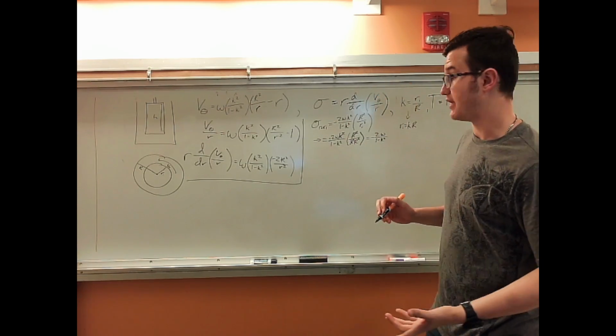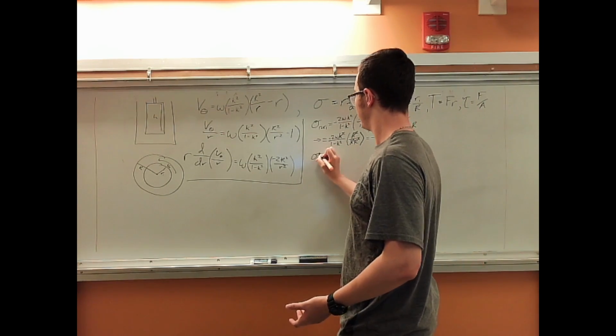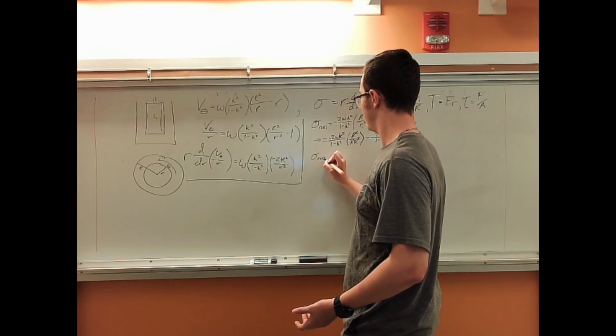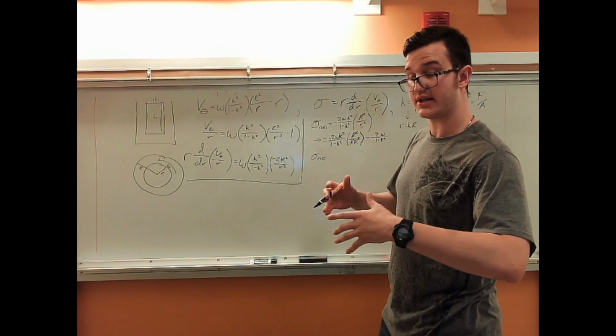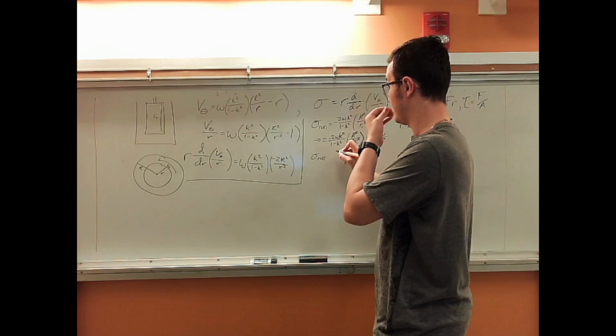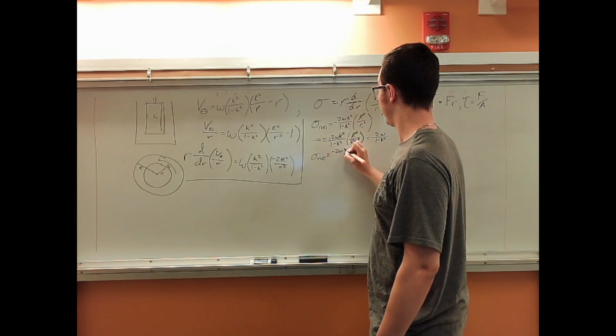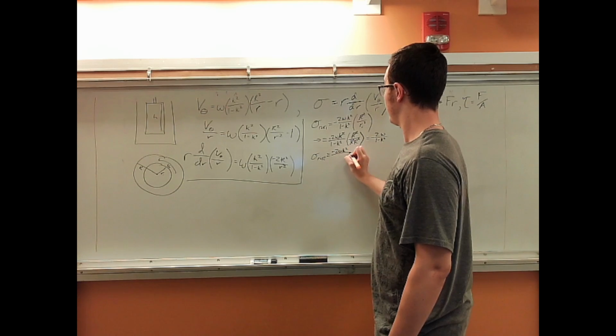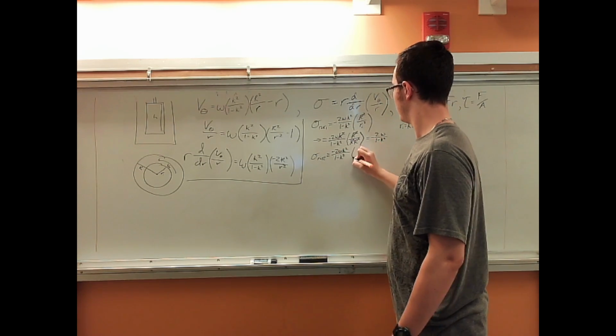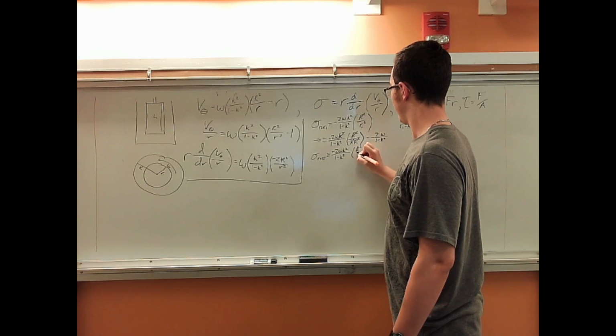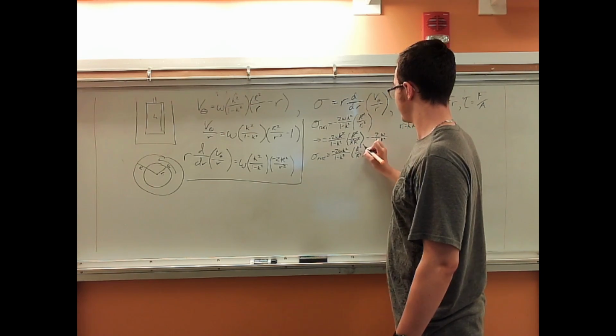Now let's do the outer radius. So sigma at r equal to capital R is equal to negative 2 omega k squared, 1 minus k squared, r squared over r squared. These two cancel out.